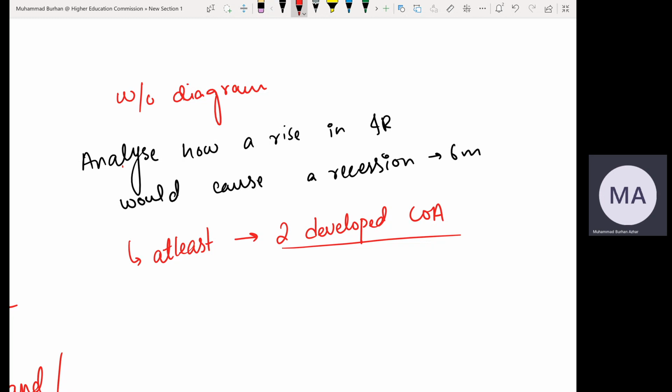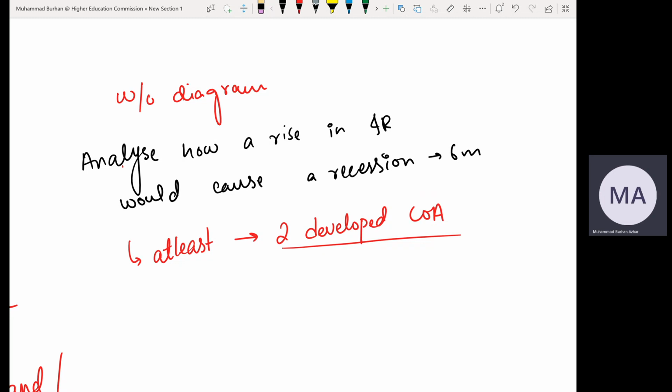This will discourage consumer expenditure and people will not be willing to borrow as much money to make purchases. Also, people will save their money because financial return is high. This will lead to lower aggregate demand, and lower aggregate demand would lead to a recession. That is my first chain of analysis, and on that you can get 3 to 4 marks for one chain of analysis.